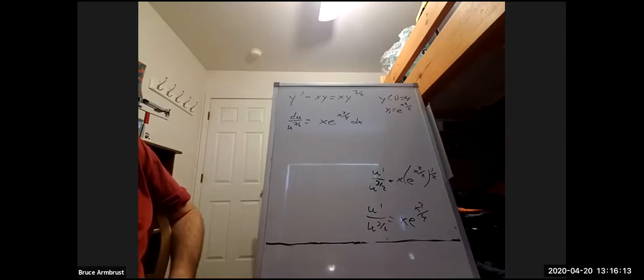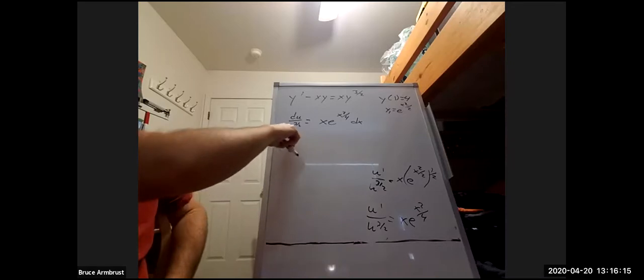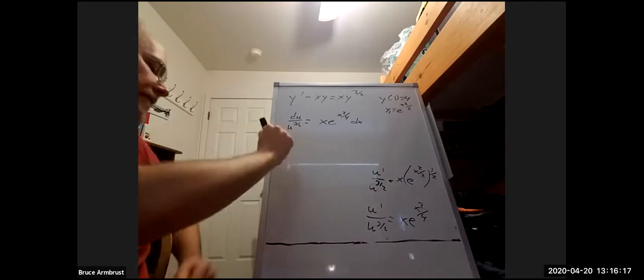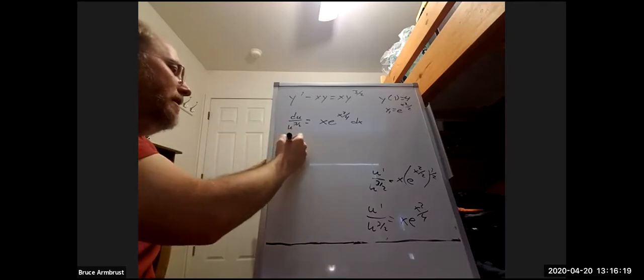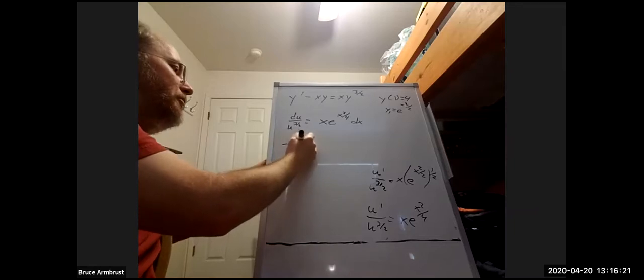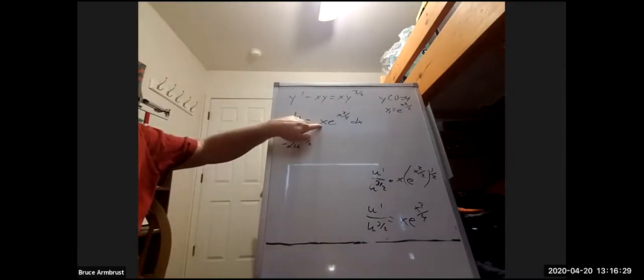All right, so now let's integrate. So this is just u to the minus 3/2. So we're going to get minus 2 u to the minus 1/2. The other side, thank God for this x, so we can do a u substitution, otherwise it'd be something that we can't integrate.